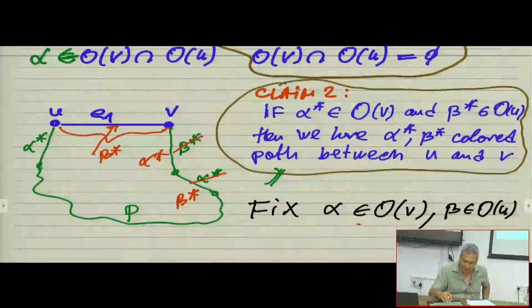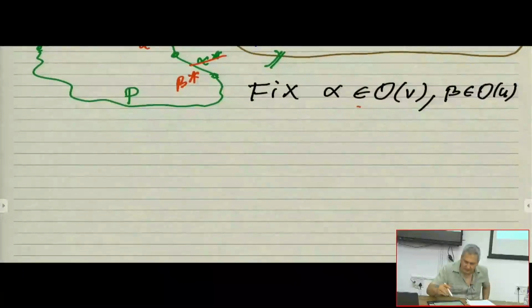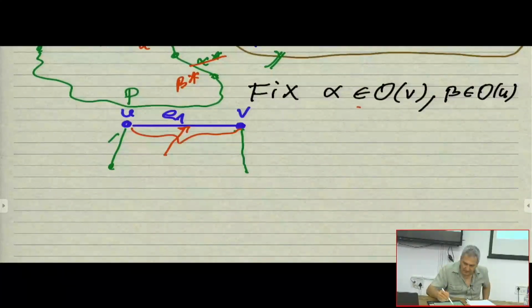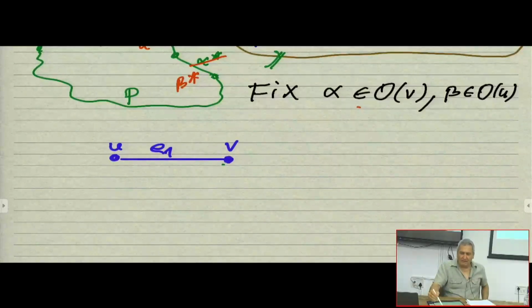I take my drawing again. Copy it. And clean it up a little bit. So alpha is missing at V. And by claim 1, what do we know?